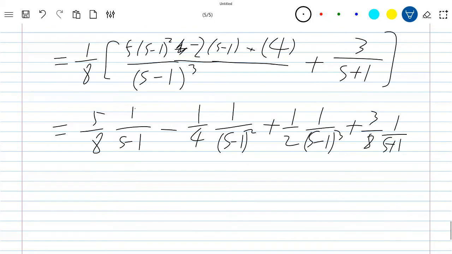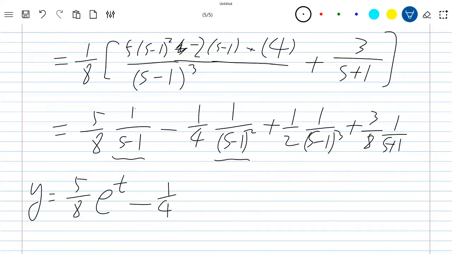Okay, finally we can write down what little y is. Little y is 5/8, and this term will give you e to the t. Then you get negative 1/4, and this will give you t with a shift. Right? The next term is 1/2, but this will give you t squared over 2 with a shift.